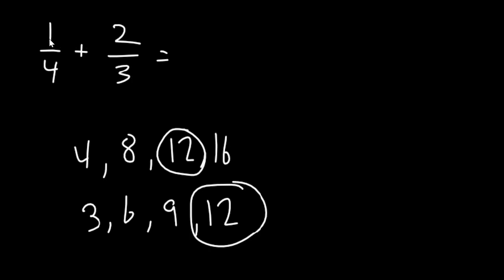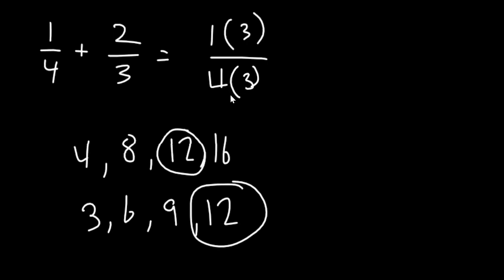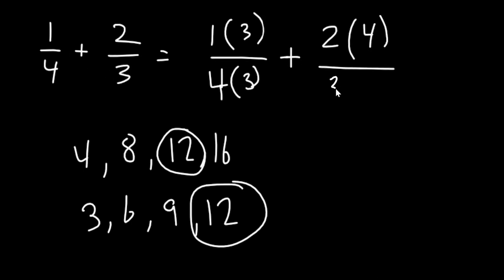So let's do that. 1 times 3, since 4 times 3 is 12. Do the same thing to the top and bottom. It is equal to 1 times 3 over 4 times 3, plus 2 times 4, because 3 times 4 is 12, over 3 times 4.